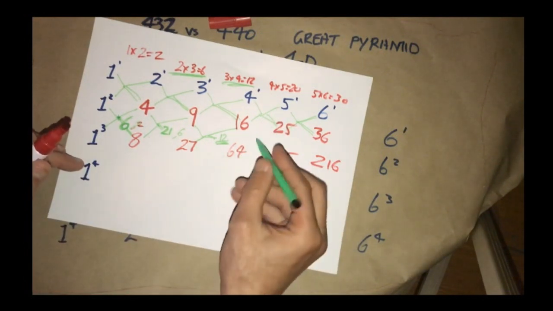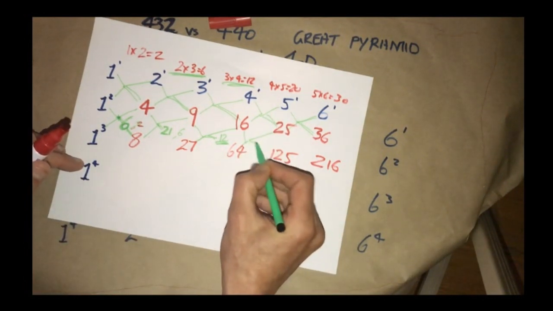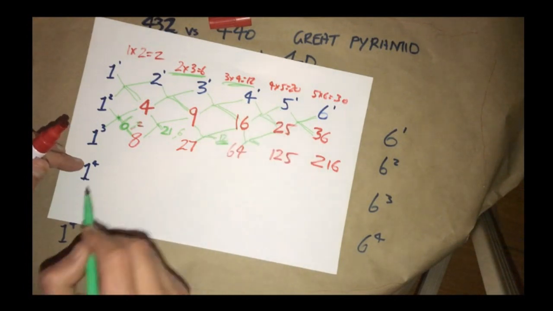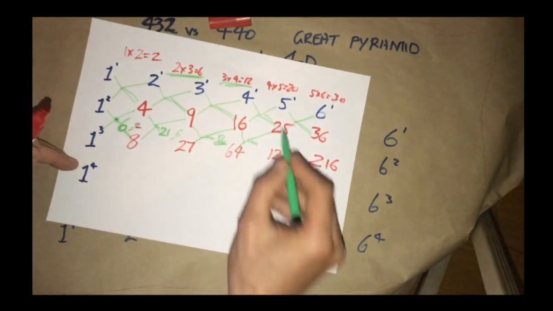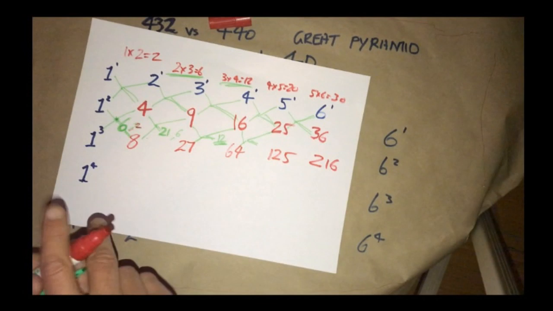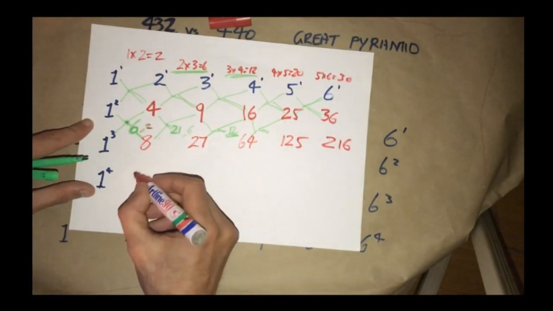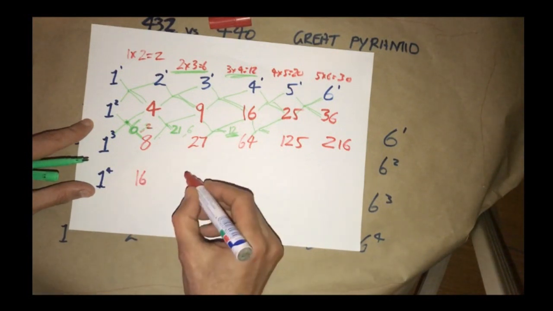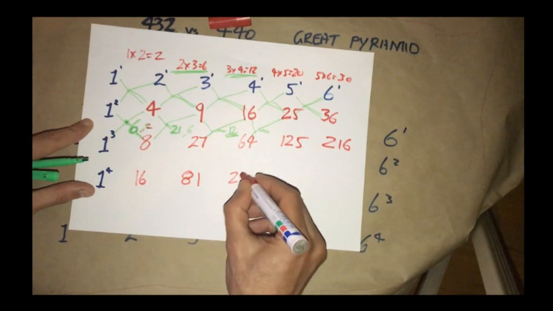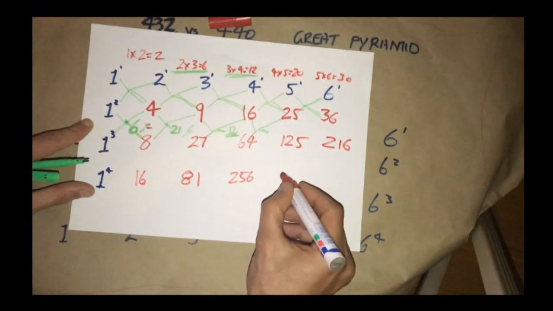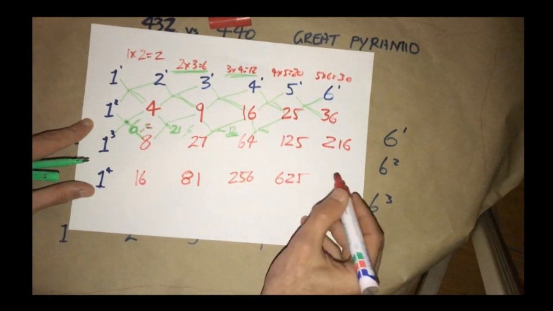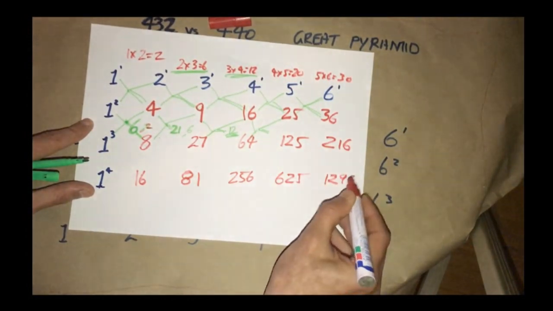The gap that we need to add to these three is the multiplication of the rows that they're on. So next one would be 2 to the 4th, which is 16, then 81, 256, 625, and 1296.